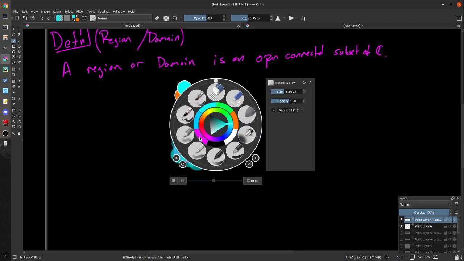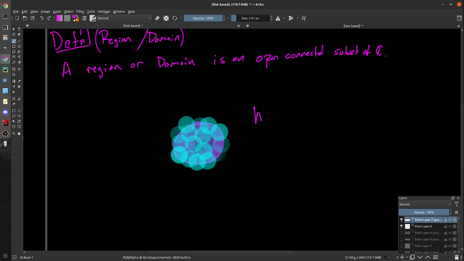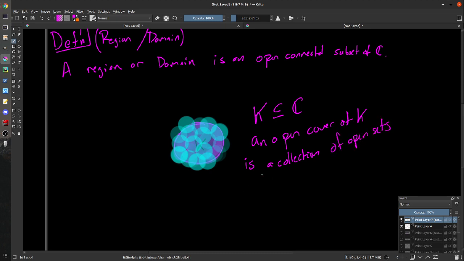So if K is contained in C, an open cover of K is a collection of open sets. Let's call these O. I'll say O is just this big subset of open sets in tau, where tau is the topology of the complex plane.